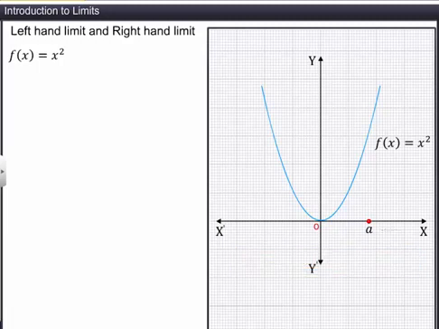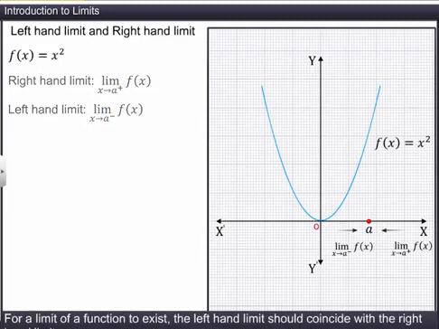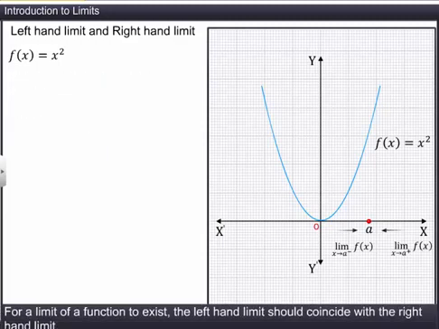We represent the right-hand limit and the left-hand limit as shown. The superscripts on the top indicate whether we are finding the right-hand limit or the left-hand limit. For a limit of a function to exist, the left-hand limit should coincide with the right-hand limit.